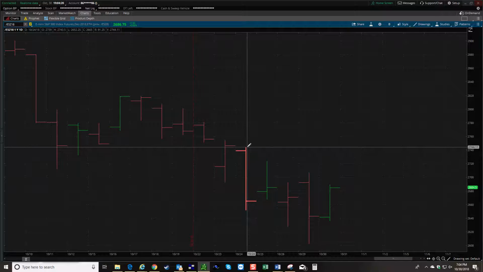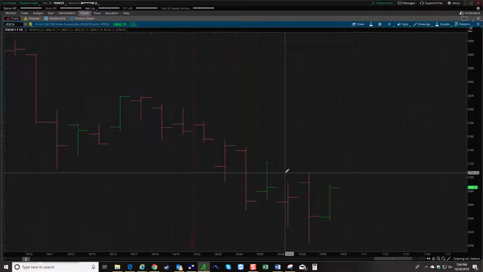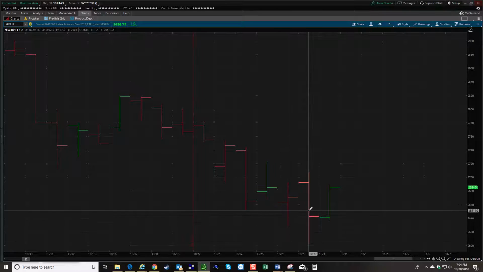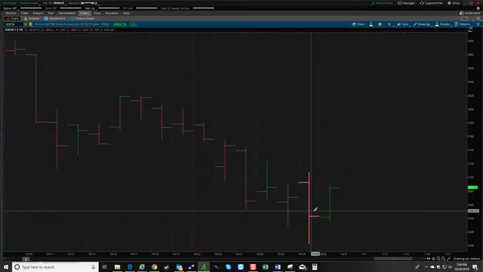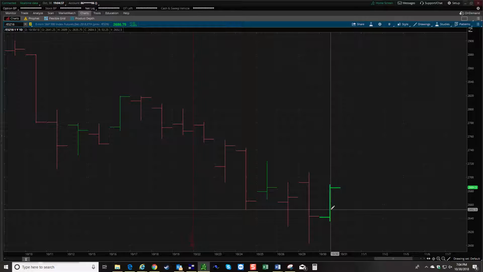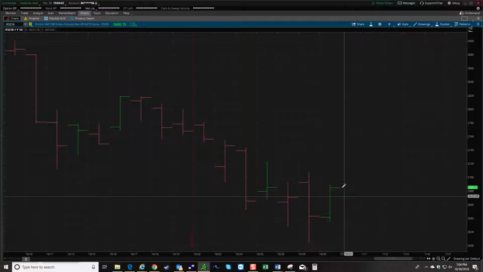So what we have is a 5-day balance area, and within that 5-day balance area, we currently have a 2-day balance area going on right now between yesterday being Monday the 29th and today being October 30th.